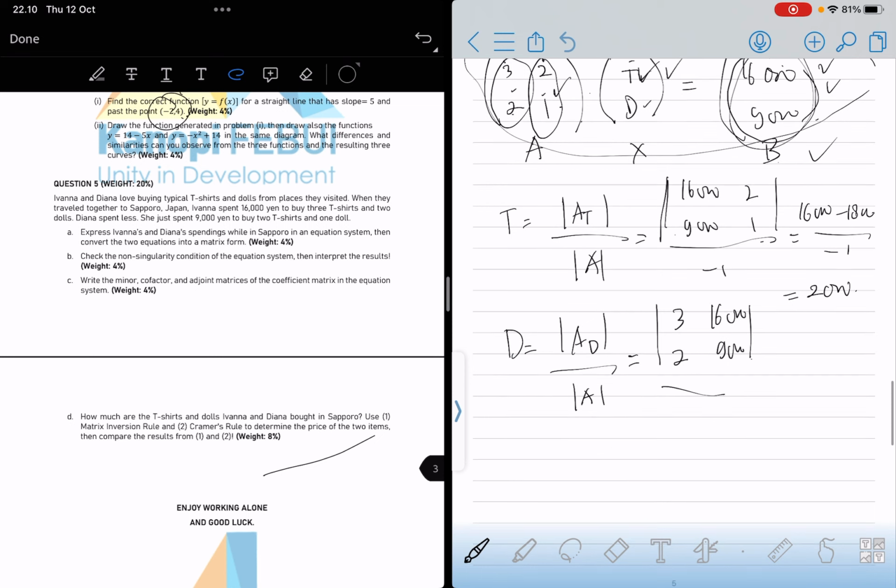And we know that the determinant of A is minus 1. So 27,000 minus 32,000 over minus 1. So this one is 5,000. So we know that T is 2,000 and D is 5,000.